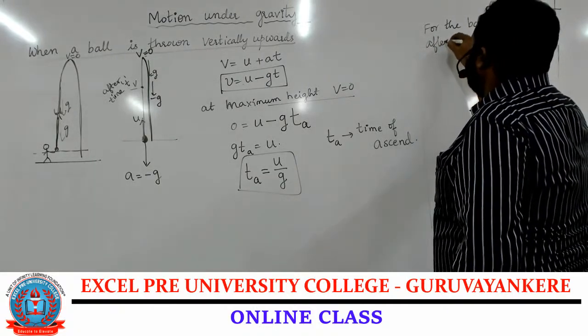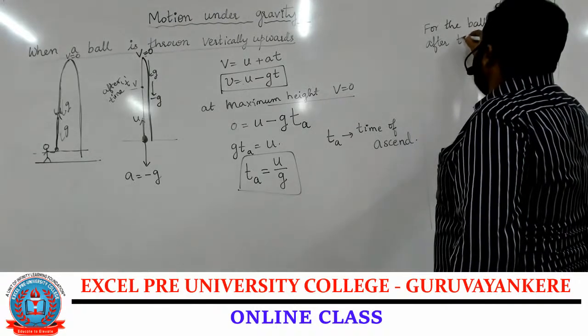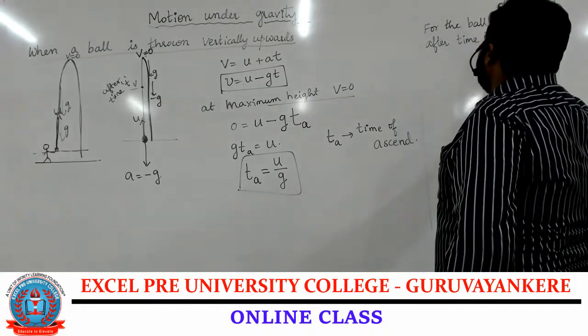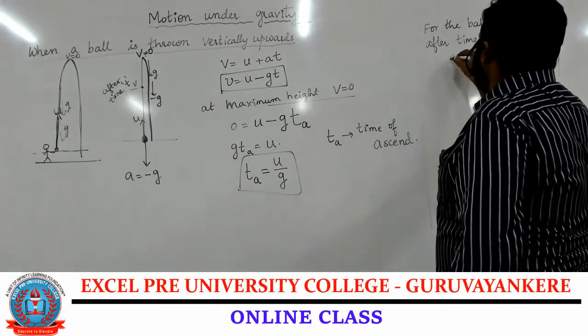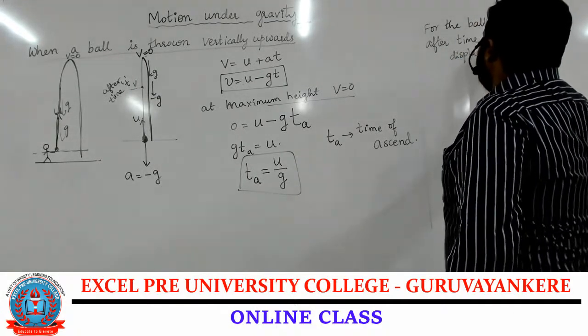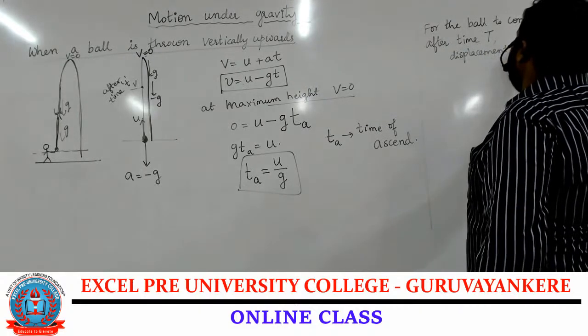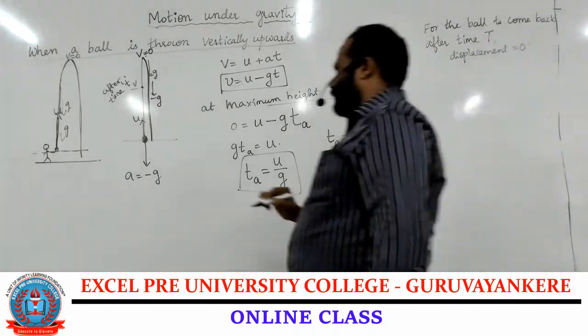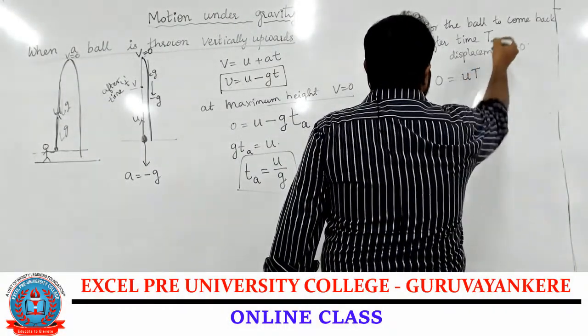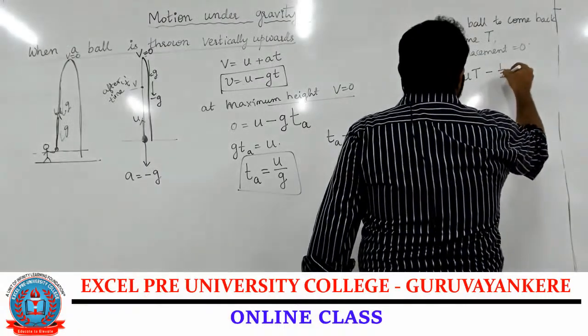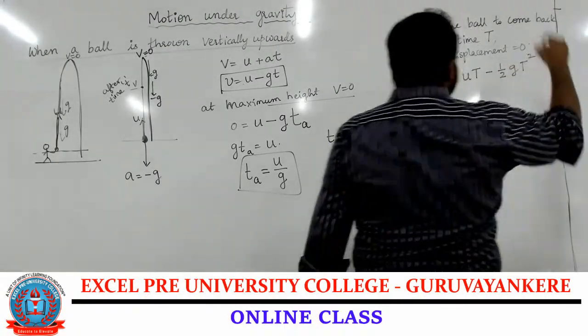So for the ball to come back after time capital T, its displacement is zero. Vertical displacement is zero. So 0 equals ut minus half g t square, it will become.